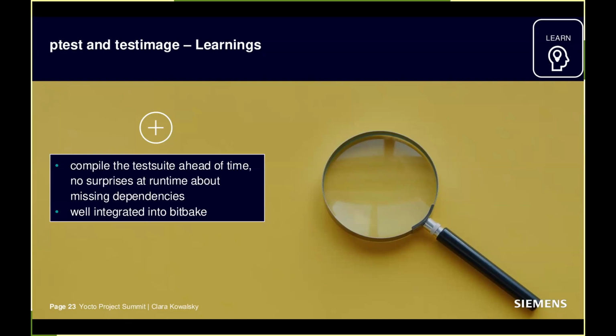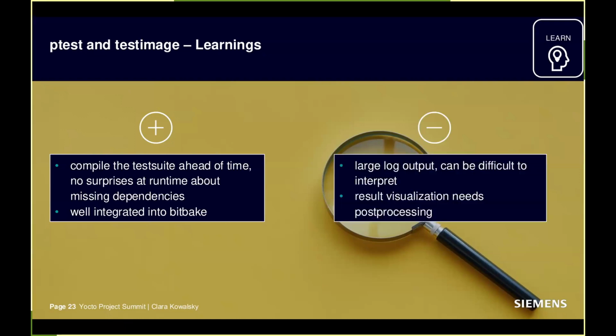They are both well integrated into the bitbake procedures. On the negative side, what we obtained so far is this really large log output, which can be a bit cumbersome to read. And to visualize the test results, we needed to do some post-processing, write our own script.